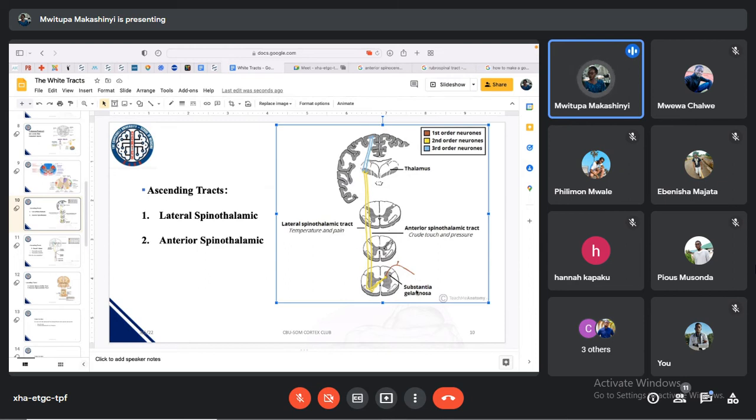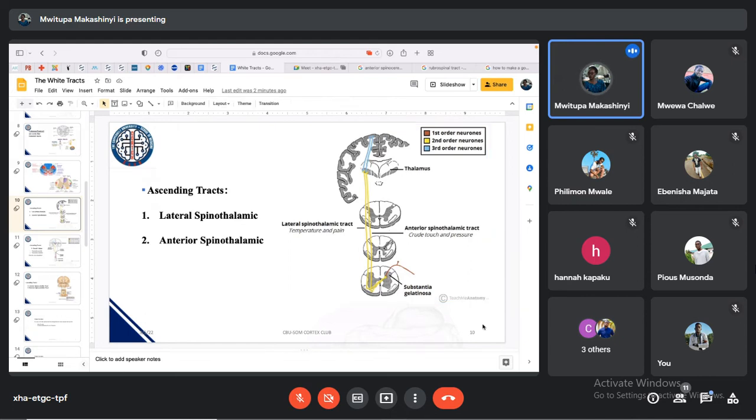So an example that was given was, imagine you've got a patient that can't feel crude touch on one side of their body. We once had a class on how to test the cranial nerves, and so things like a cotton swab, you rub it over your patient's skin, and they're able to feel it.